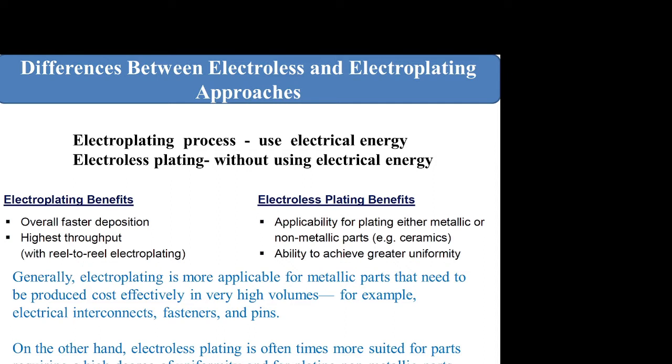Silvering of mirror is an example for electroless plating. The silvering of mirror was invented in the 10th century, and it's one of the age-old processes.